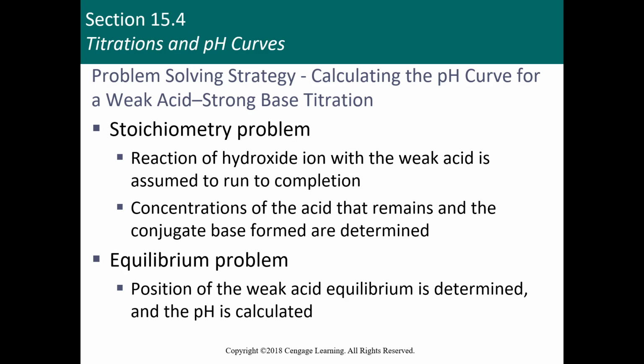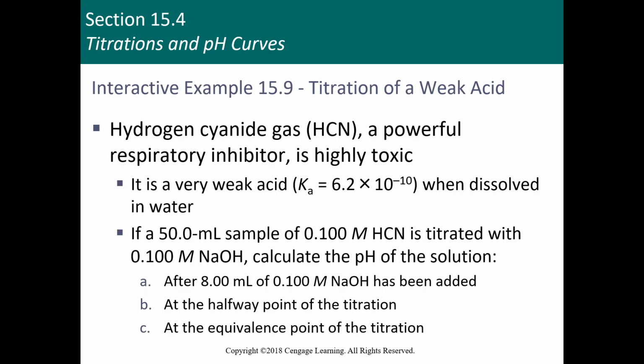The concentrations of the acid that remains and the conjugate base formed will be determined just from this stoichiometric problem, which is quite straightforward and something you've practiced a lot. The equilibrium problem: the position of your weak acid equilibrium will then have to be determined, and the pH will be calculated from that.